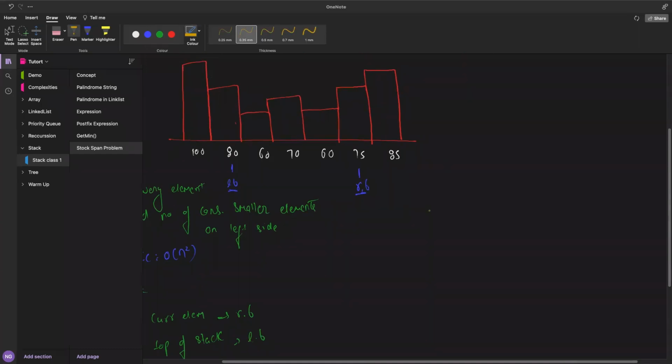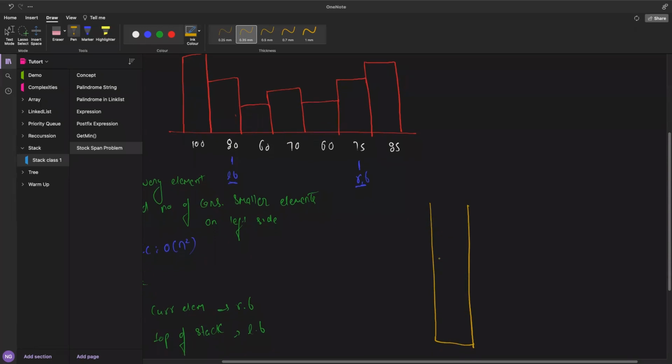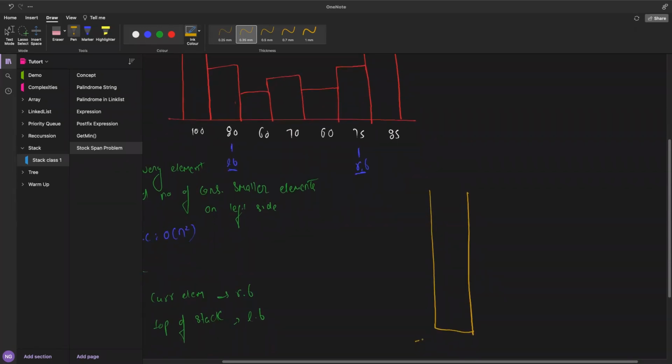Suppose you have taken a stack, and listen to me very carefully. It is quite complex. My stack top is at -1. When a new element comes in, 100, I am writing the indexes also here, because we are going to do index calculation. Whenever you have to calculate the number of elements within an array, always remember to do the index calculation.